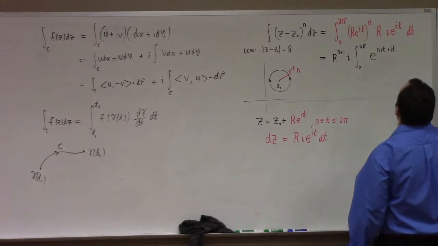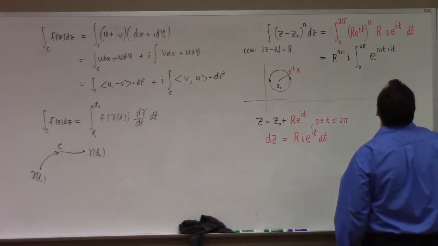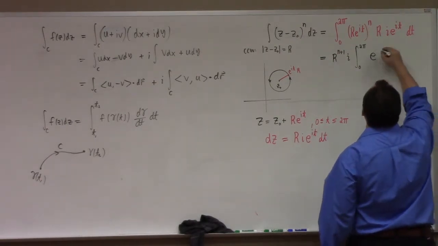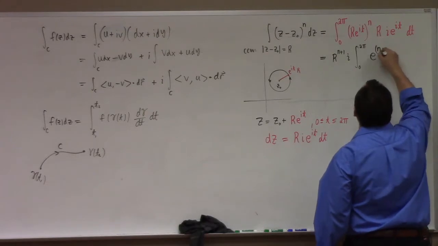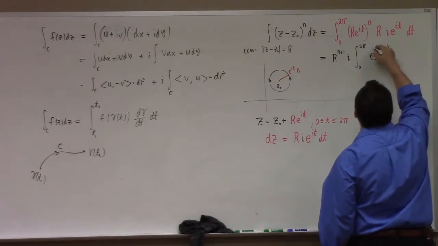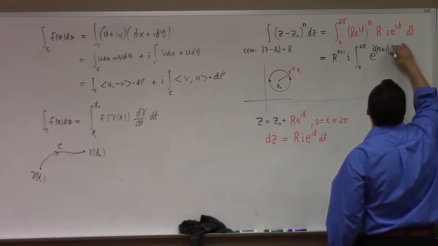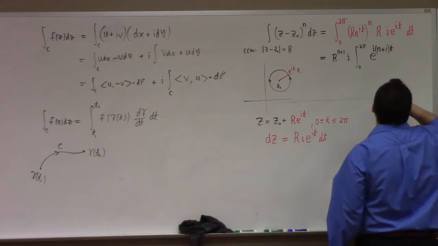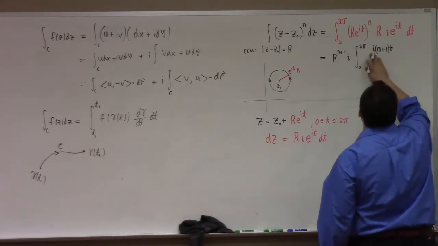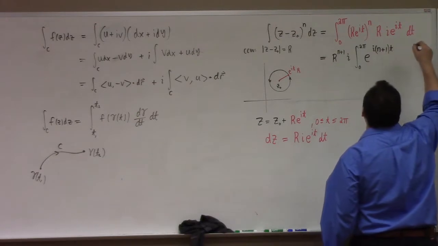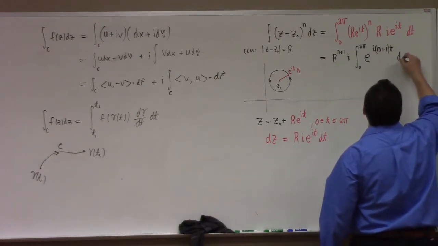There's got to be a better way to write that, though. Oh yeah, n plus 1 times it. There we go, that's more civilized. So i times n plus 1 times t. That's what we got. And then, don't forget about your dt.